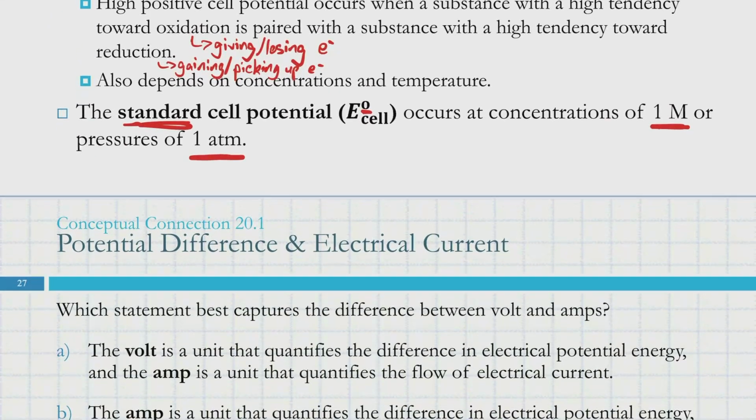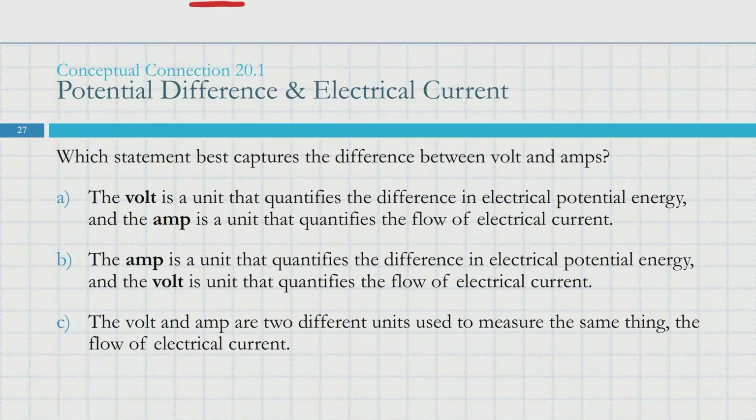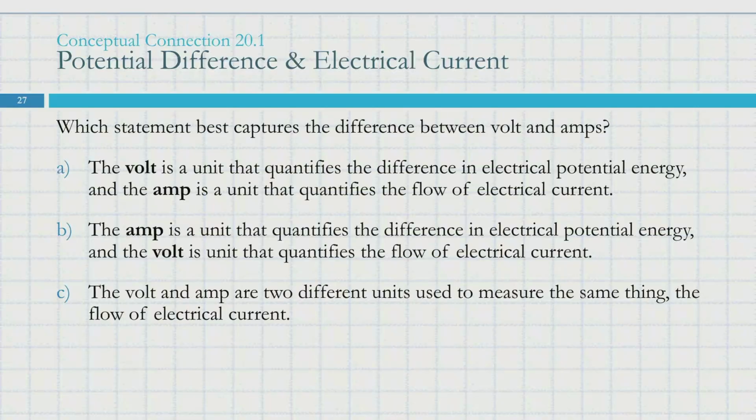Okay, thinking about volts and amps, which of these statements best captures the difference between volts and amps? Is it that the volt is a unit that quantifies the difference in electrical potential energy and the amp quantifies flow of electrical current? Is it the other way, those definitions flipped?